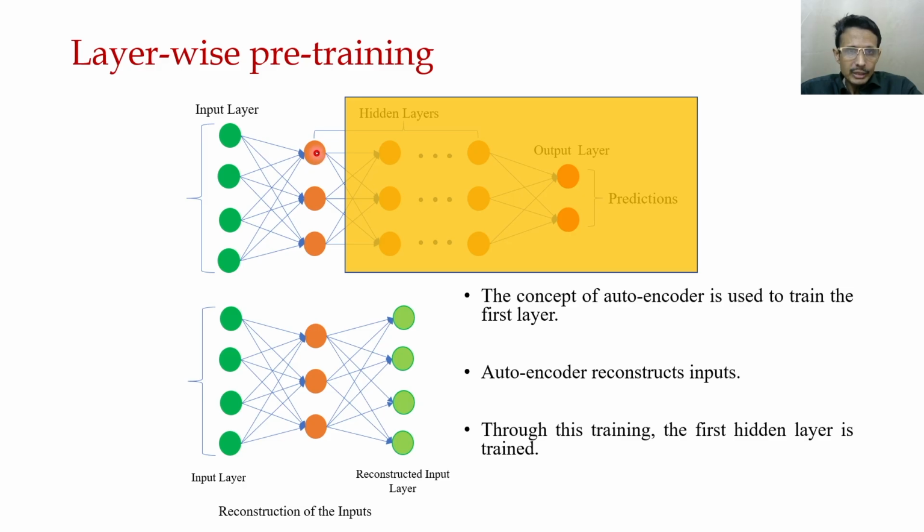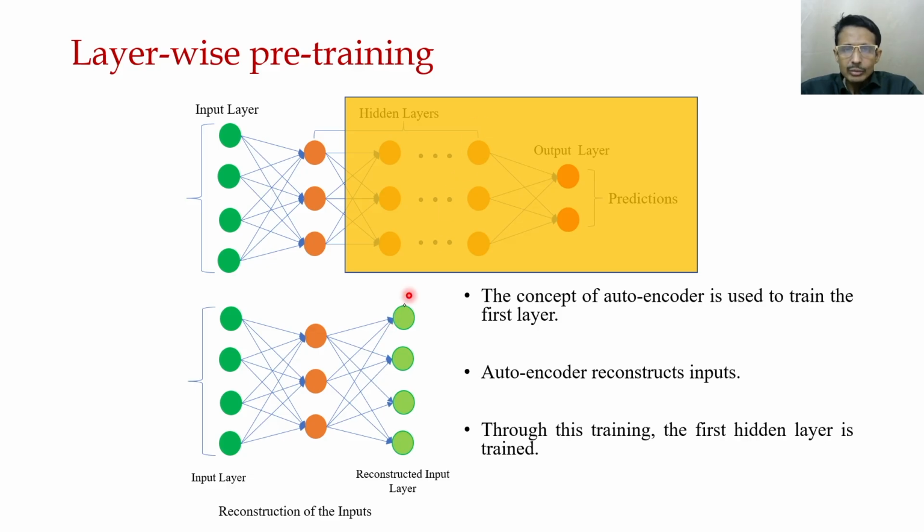But as we know, if we have to train this layer, we need some error, and only then can we take the error gradient and accordingly update the weights. But we don't have an output for this layer. In our supervised case, output is only available at the output level. So as a solution, they suggested a very interesting idea.